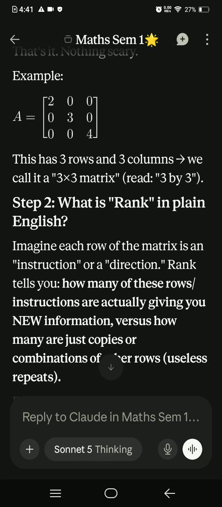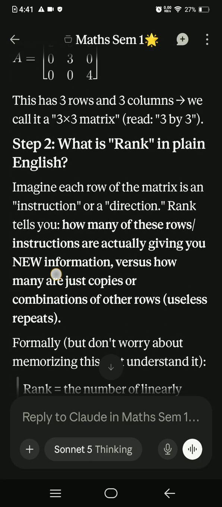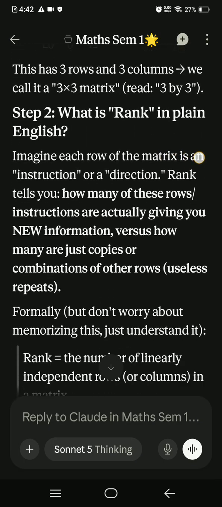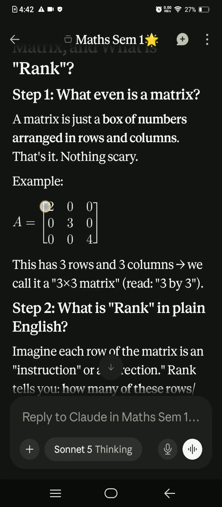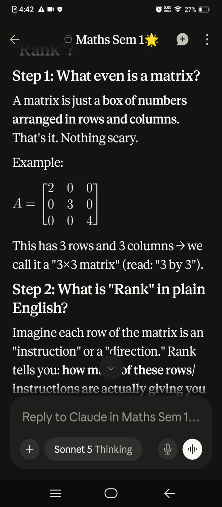We call it a 3 by 3 matrix. Now what is a rank in plain English? Imagine each row of a matrix is an instruction or a direction. Then rank tells you how many of these rows are actually giving you new information versus how many are just copies or combinations of other rows, useless repeats. So if this row is telling you to move two steps in the x direction, this is telling you to go 3 steps in the y direction, this is telling you to go 4 steps in the z direction, right?